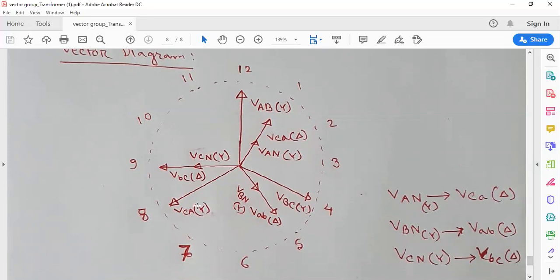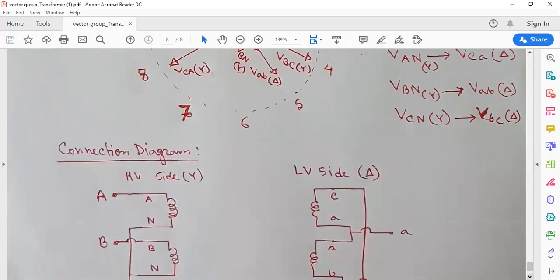You have to mark it, go through it, then decide it is a YD5 connection, then draw the connection diagram.